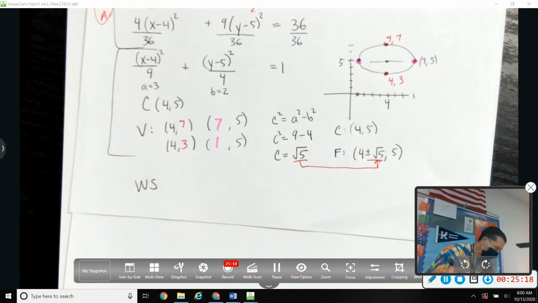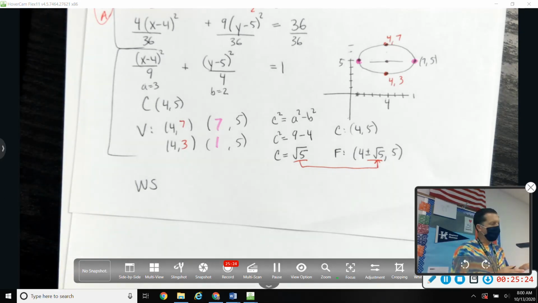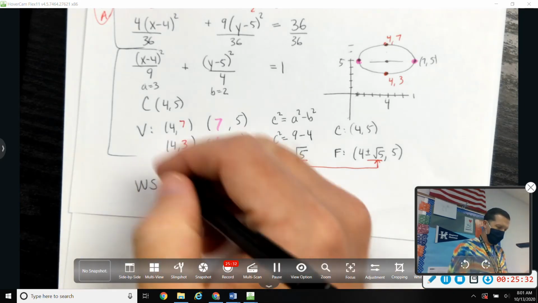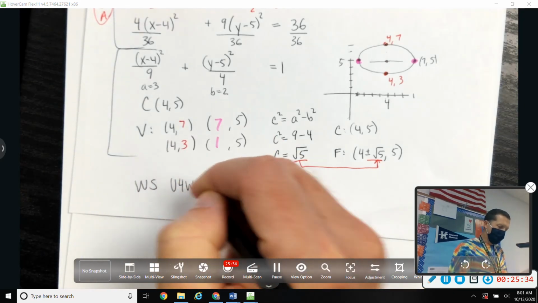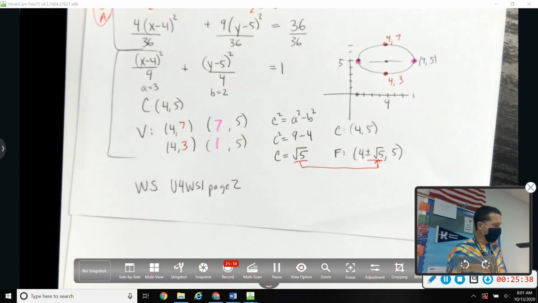All right, obviously you have the worksheet packet from yesterday. If you're online, you can print out the whole thing. It's only the second page, or the back of the first page. Unit 4, worksheet 1, page 2. It's not hard to figure out.